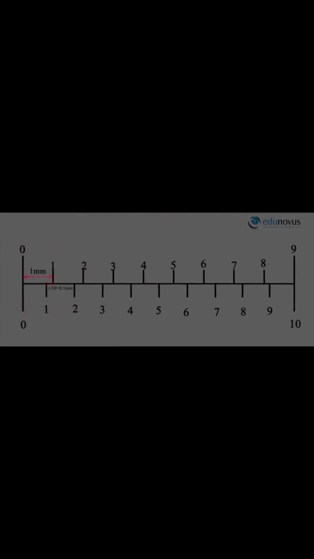Thus, as we can clearly see, the first mark of the vernier scale is short by 1/10 of the main scale division. Thus, the 10th mark of the vernier scale is short by 10 by 10 of a main scale division. And therefore, the 10th division of the vernier scale coincides with the 9th division of the main scale.